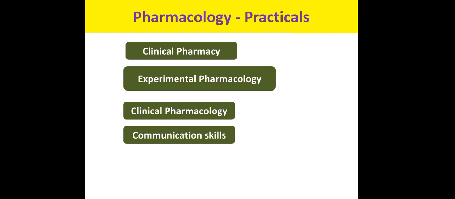For example, there are certain drugs that we administer topically in the eye, so we will look at the effect of the drug on pupillary size and light reflex with the help of computer-assisted learning software. So these are the major components of the pharmacology practicals.